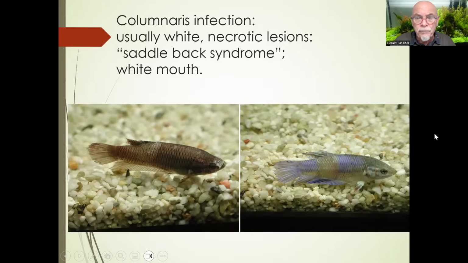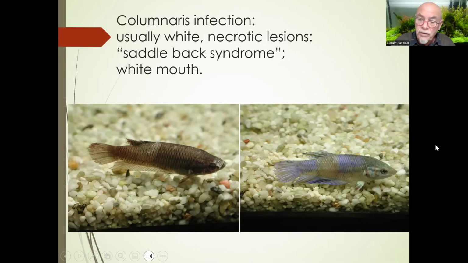Here you can see examples of the typical symptoms for Columnaris disease: the white mouth and the white saddleback here, the white necrotic dorsal part, dorsal fin. Here also, look at this whitish part on this betta on the right. They call that the saddleback syndrome.